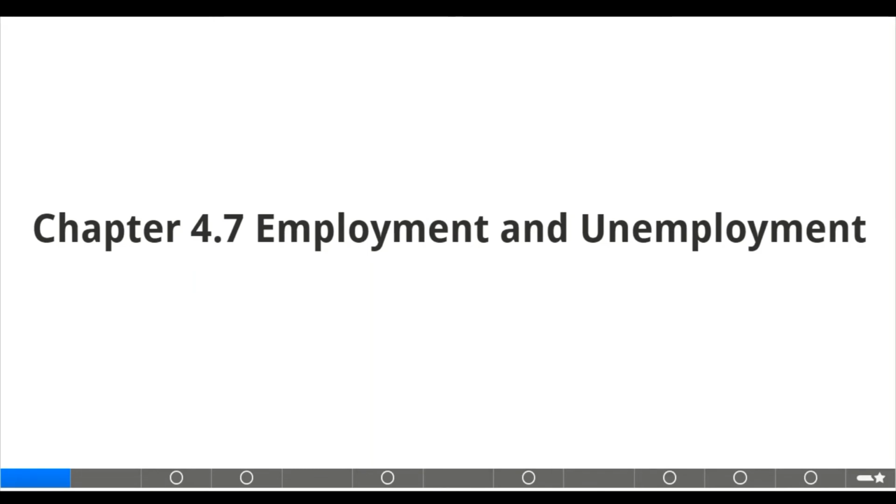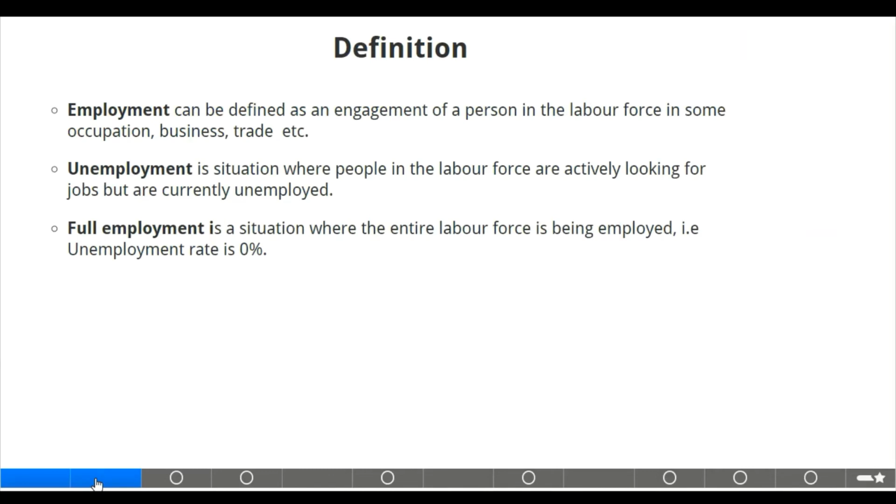Today we'll be discussing employment and unemployment. Moving to our slide, we have the definition of employment, unemployment, and what we know as full employment here. What do we mean by employment? Employment can be defined as the engagement of a person in the labor force in some occupation, business, or trade.